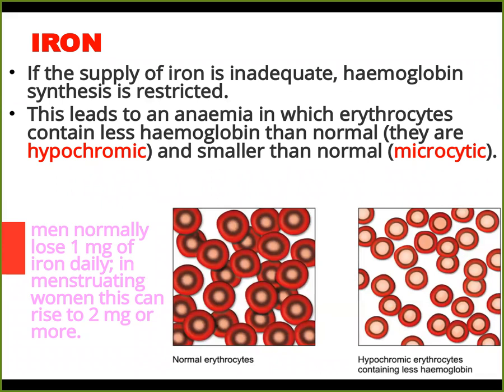That's why a decreased amount of iron again may lead to anemia. But this kind of anemia, named hypochromic anemia, usually differs from other kinds of anemia.